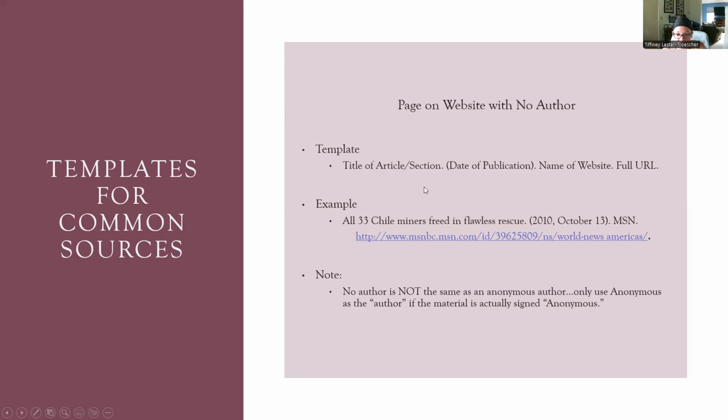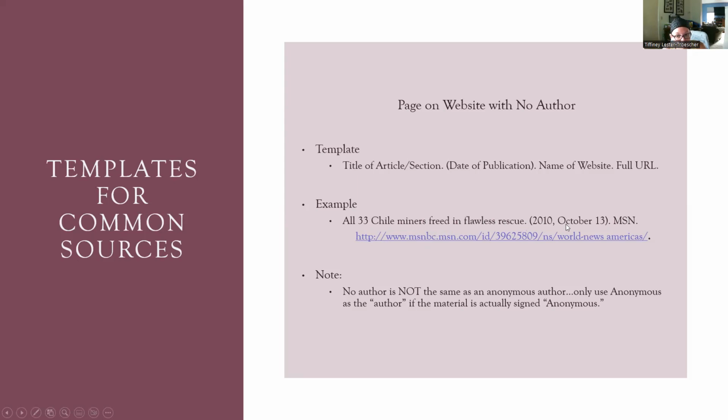So I'm looking here at an article called All 33 Chile Miners Freed in Flawless Rescue. I'm reading it on the MSN website, but there is no author provided. Well, I still have to put this source on my references page. So what do I do? I start with the title, All 33 Chile Miners Freed in Flawless Rescue, period.